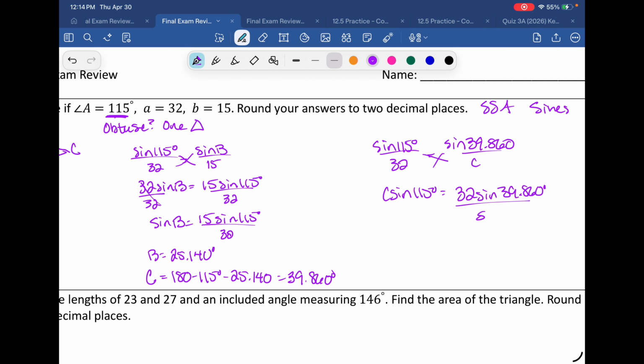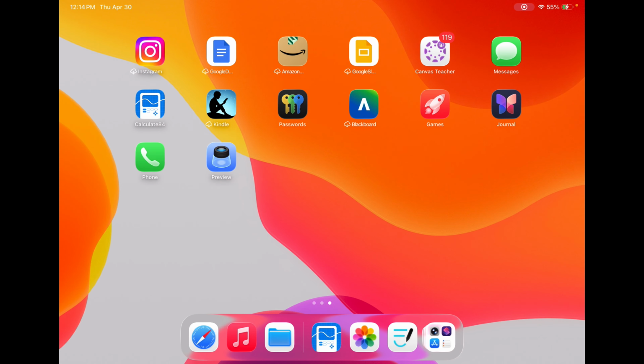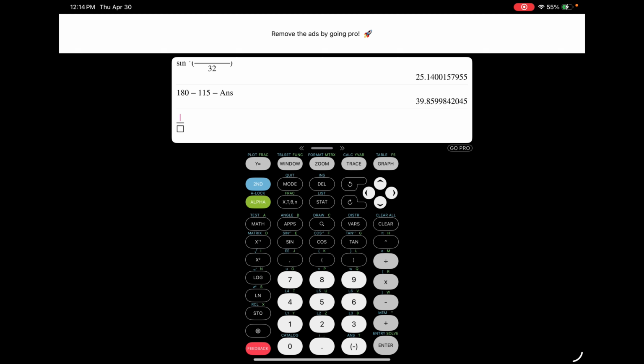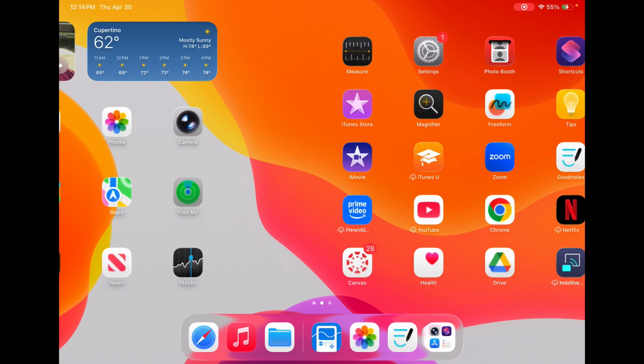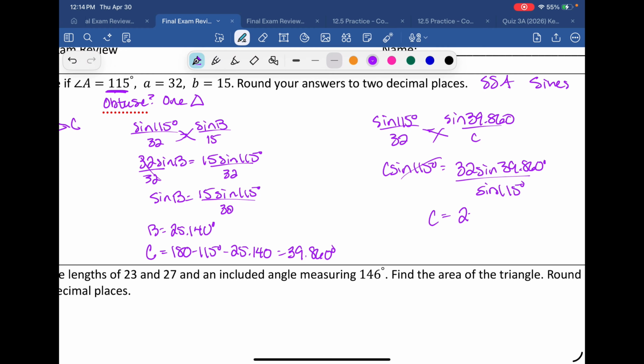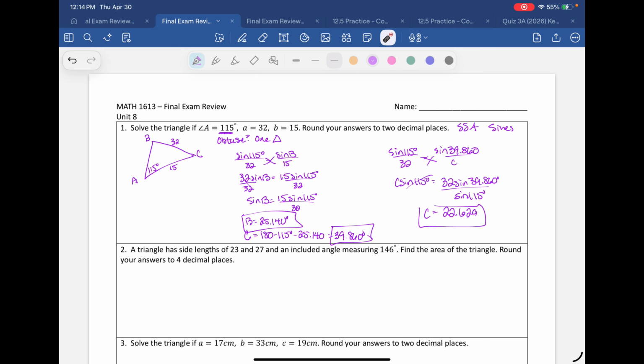Divide by sine 115, excuse me. 22.629. I only have one triangle here because the given angle I have is obtuse.